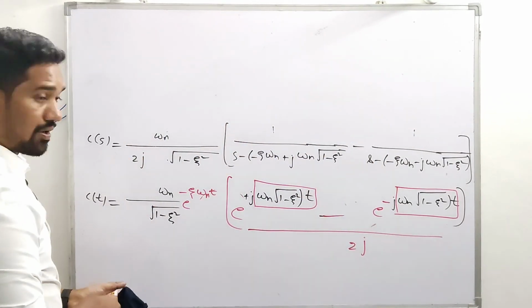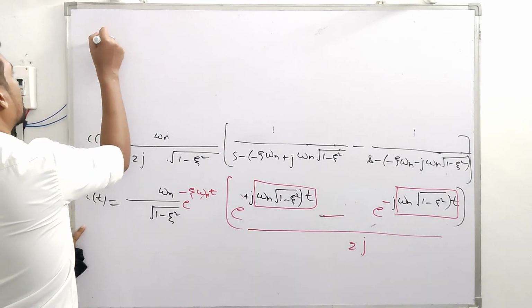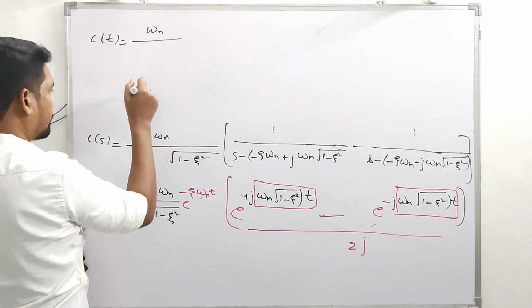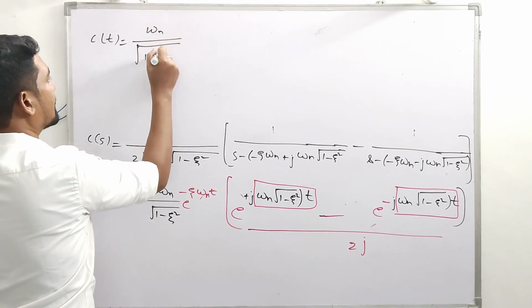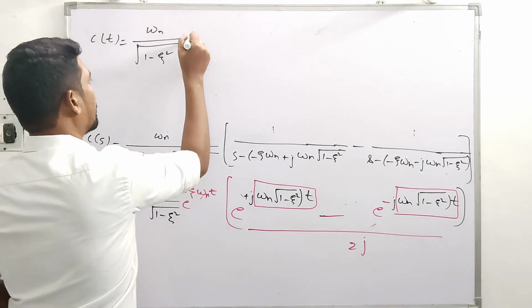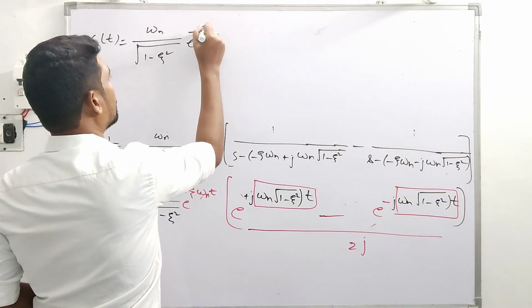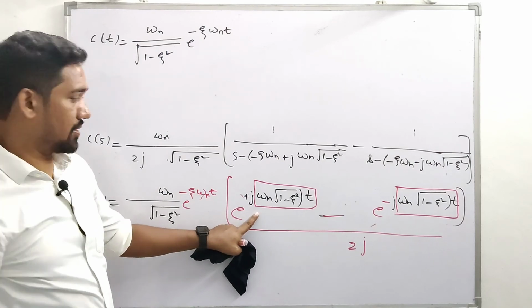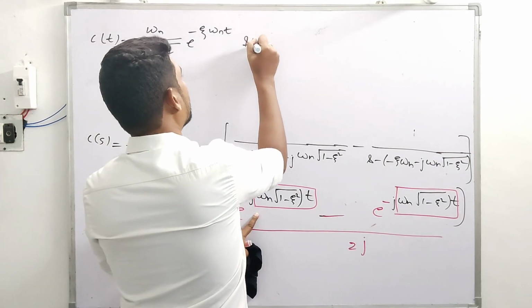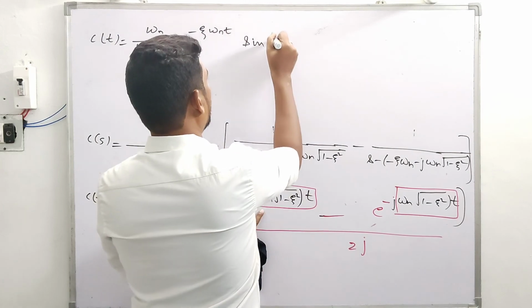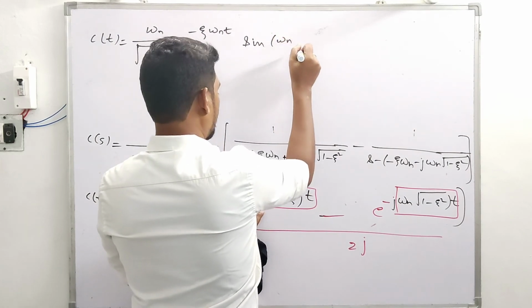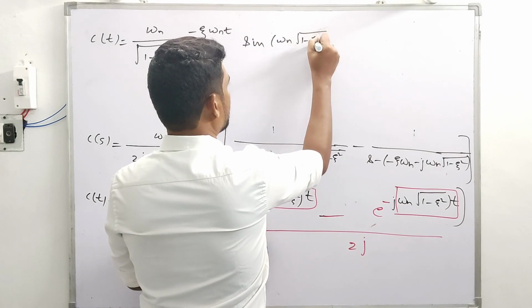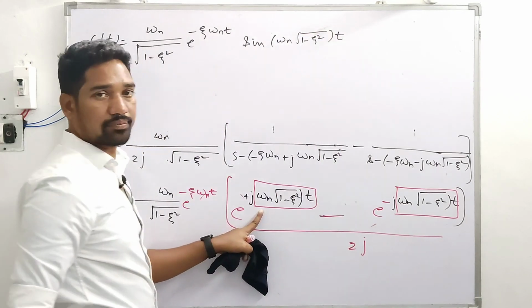So our final expression for c of t will be equal to omega n upon under root 1 minus zeta square into e raised to minus of zeta omega n into t, into sine of omega n into under root 1 minus zeta square into t.